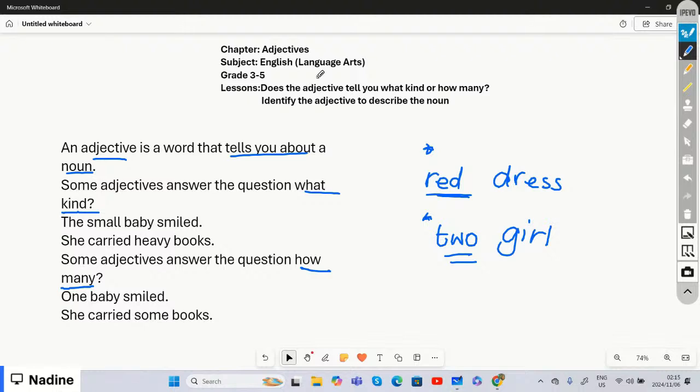All right. Can you think of another noun as well as words to describe the noun? Can you think of another noun and words to describe the noun?